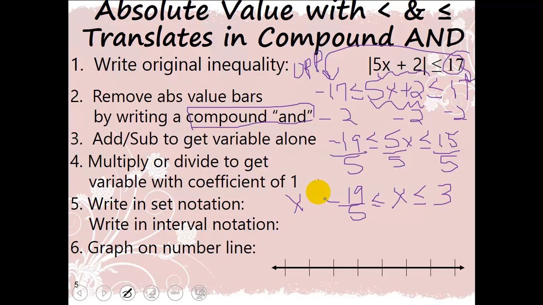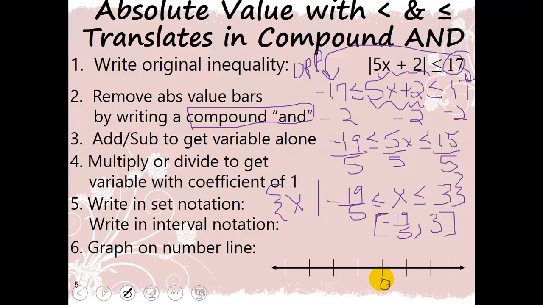And I'm going to write it in set notation here. Interval notation is bracket -19 fifths, comma 3 bracket. When you're using absolute value inequalities, your symbols at the ends are always going to be identical.